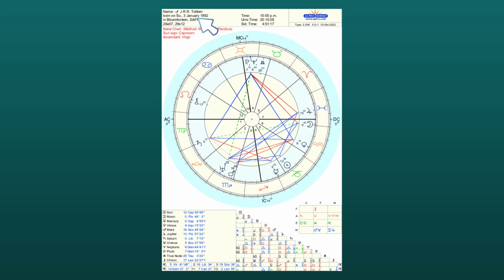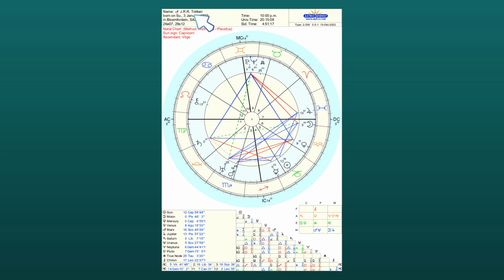Now, when drawing up a chart, it's important to have the exact birth time and birth location. Name is not important unless you want to get into the numerology aspect of that. So the birth time and the location are definitely important.